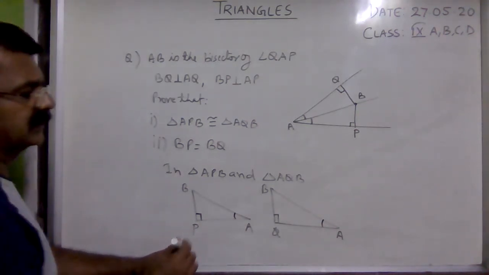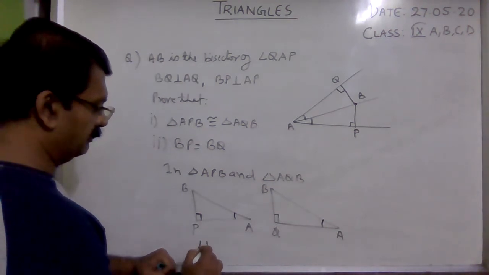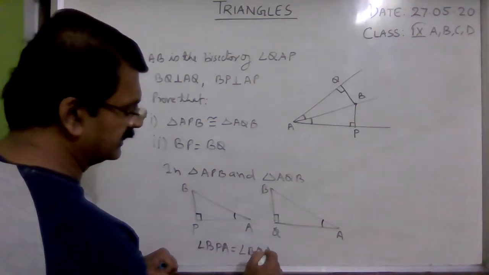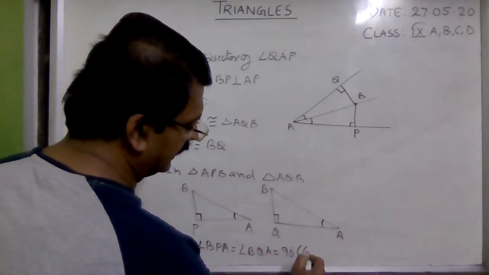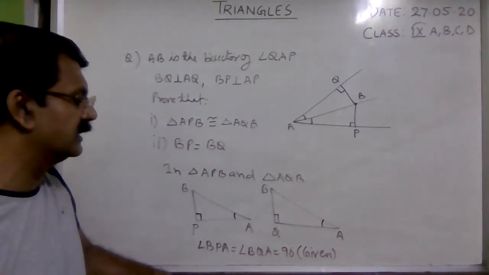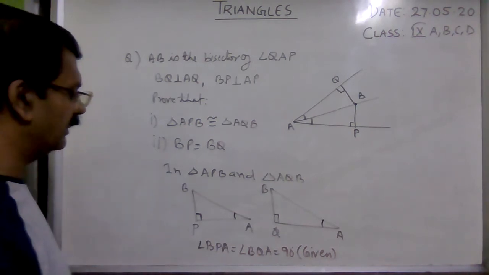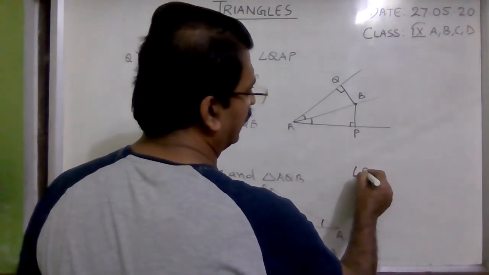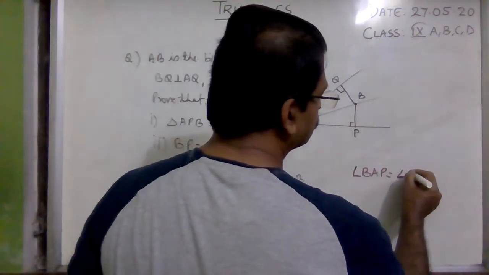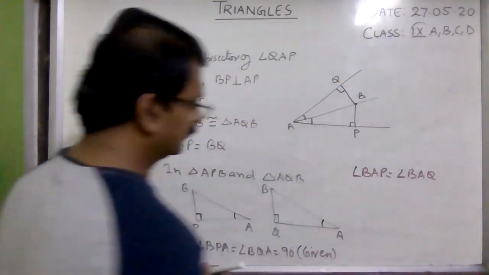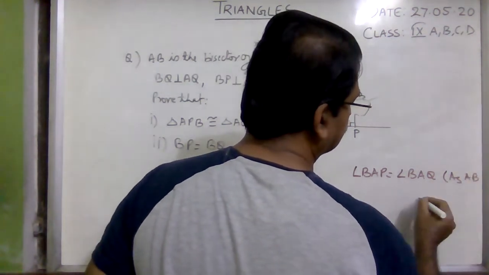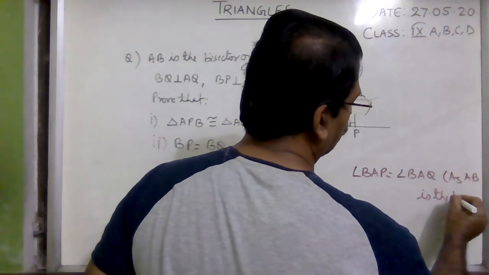Now you see in these two triangles, angle BPA is equal to angle BQA is equal to 90 degrees. It is given. Then angle BAP is equal to angle BAQ, as AB is the bisector.